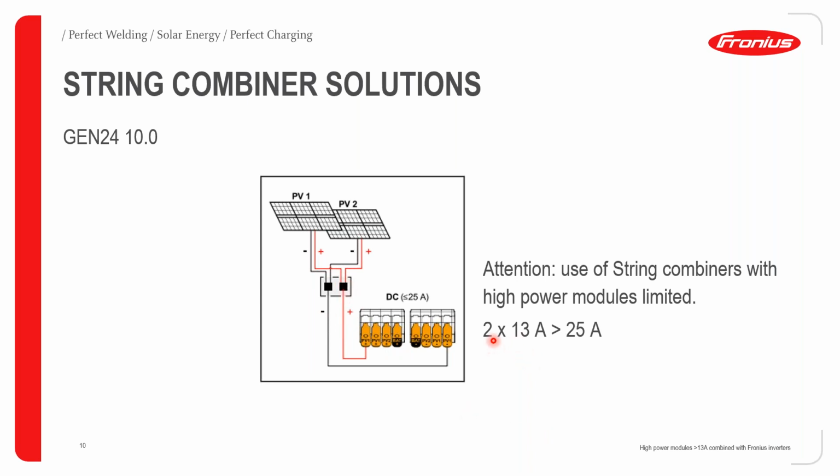By combining only two strings, the current is going to go above the maximum rated MPP current of the inverter, which is 25 amps, because only two strings with these 13 amp modules are going to give you 26 amps. So you could still connect directly to this inverter, but a bit of power derating will be expected. Therefore, with these high power modules, the use of string combiners with an inverter like a Symo Gen24 Plus is going to be a bit limited.